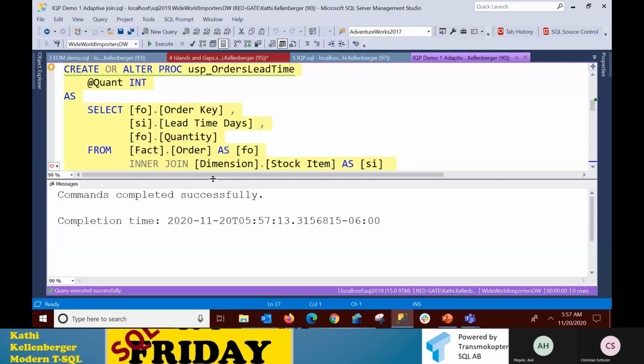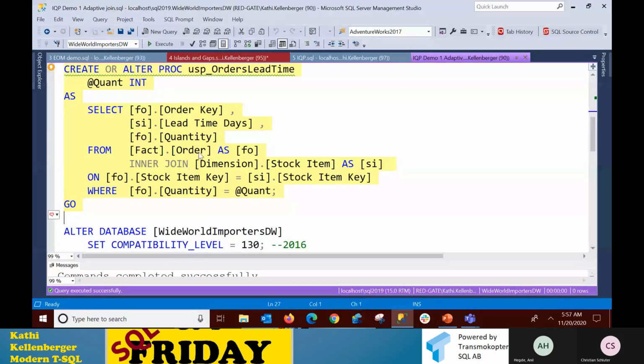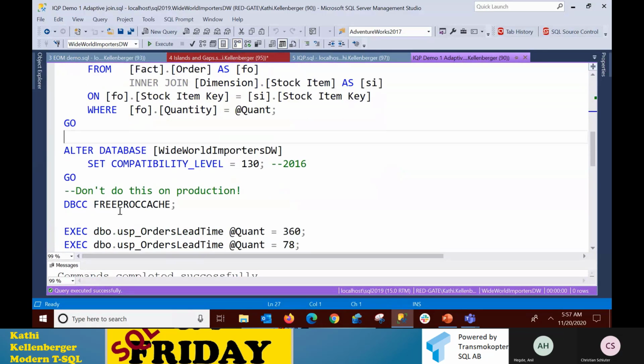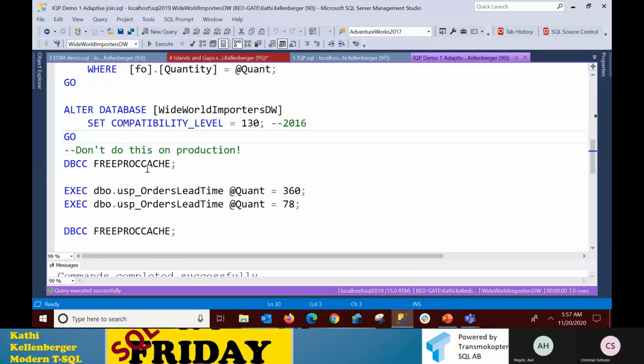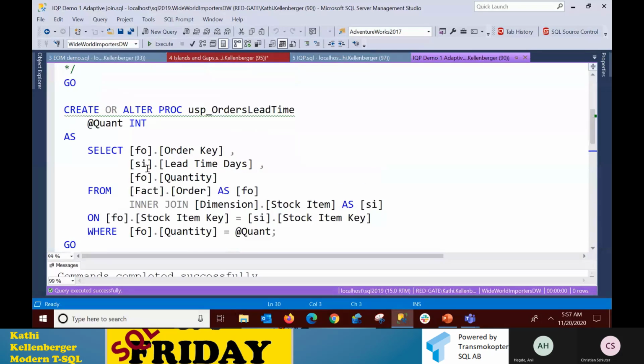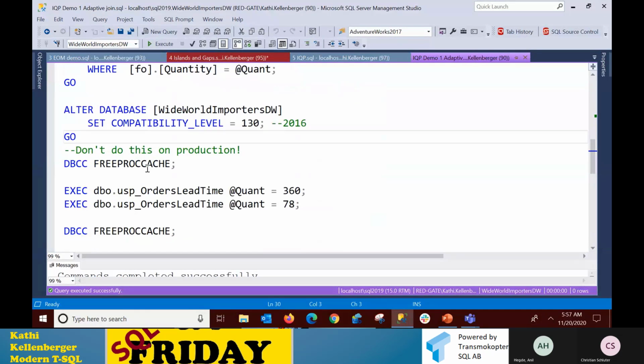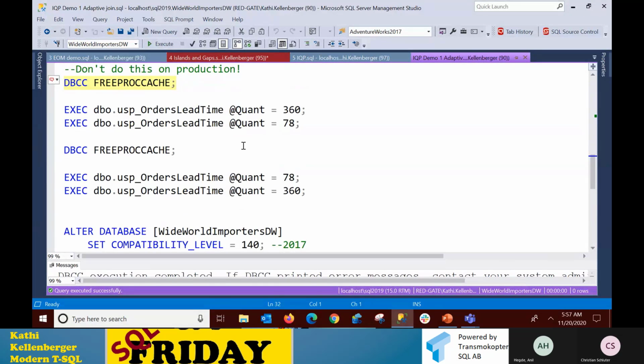And one of these tables, the fact order table, has a column store index. So this does require a column store index. And let me turn that on. And I'm going to set compatibility level to 2016 because this is a 2017 feature. I'm going to do that just to make sure I don't have anything in the procedure cache.